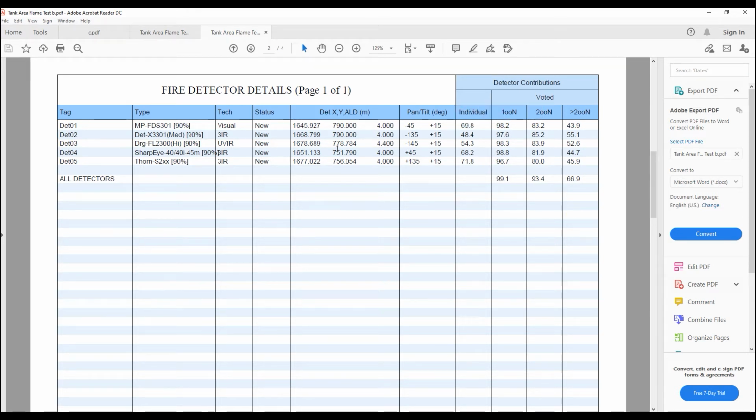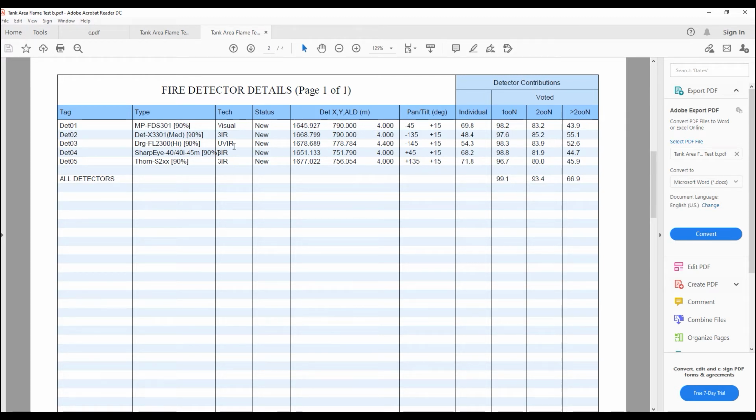Detector 2, or DET02, can see about 48.4% of the graded volume. This is the total graded volume, not for medium risk or low risk. On the all detectors row, I can see that I get 99.1% 1 out of n coverage.